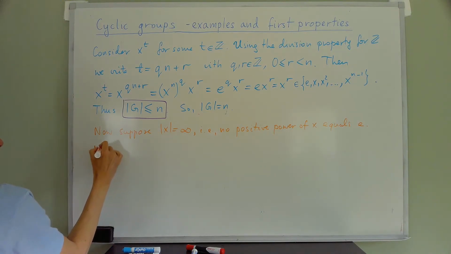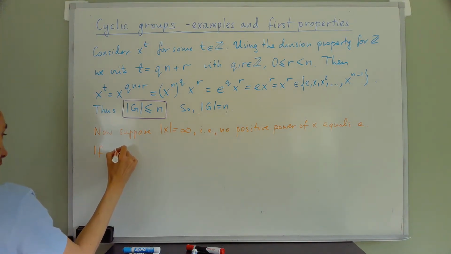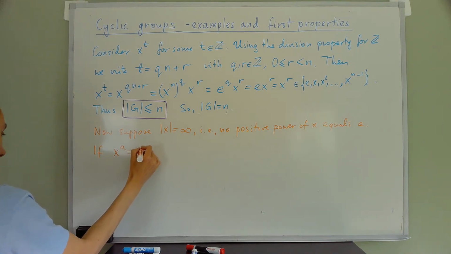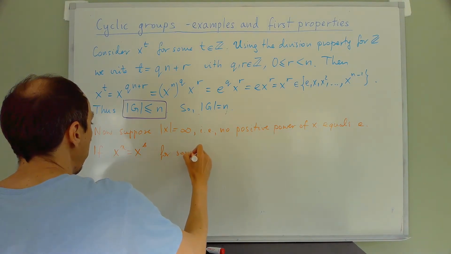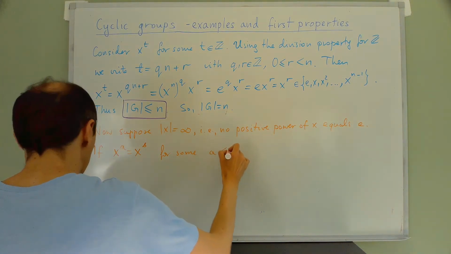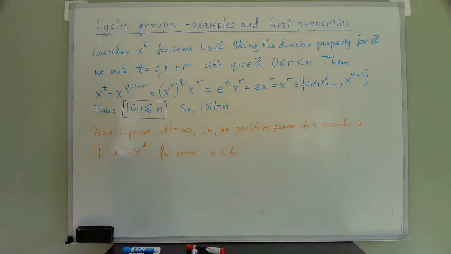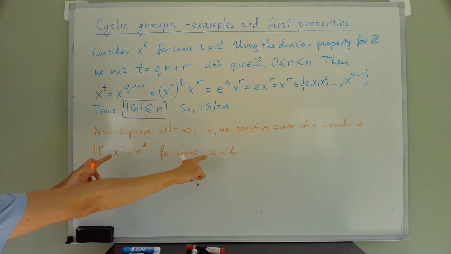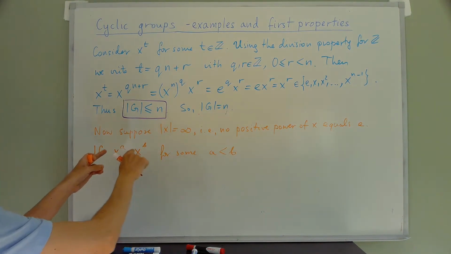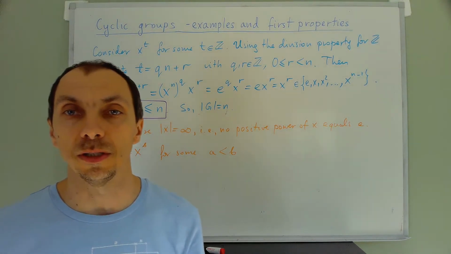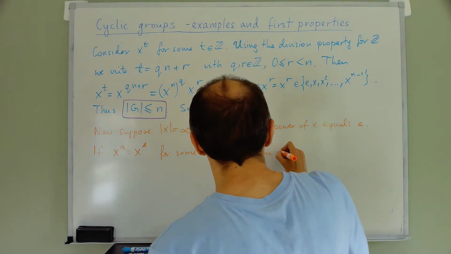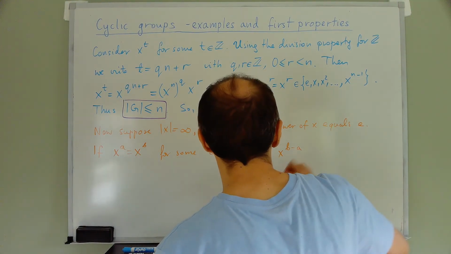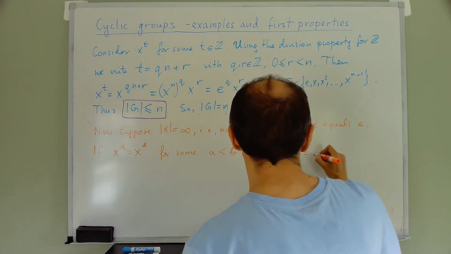So if x to the a is equal to x to the b, for a not equal to b, I can assume without loss of generality that a is less than b. Then as before, x to the b minus a is the identity.